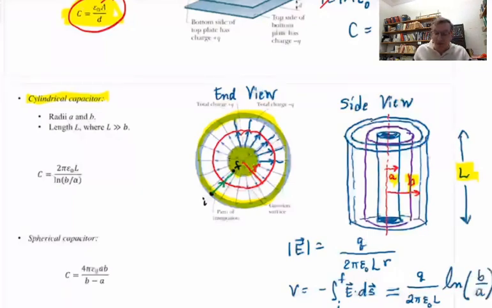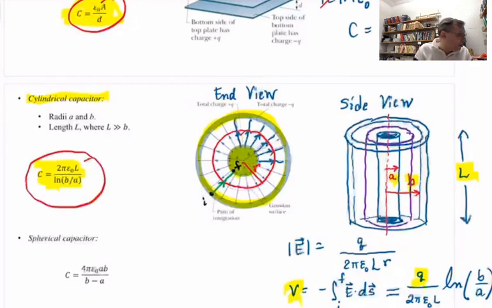And then you use q equals cv. I mean, there's the q, and there's the v, and you rearrange it and you can solve for c, and here's the formula over here that you get for the capacitance of a cylindrical capacitor. So if that's what we've got, you can go straight to that formula and use it. And it does depend on size, shape, and separation.